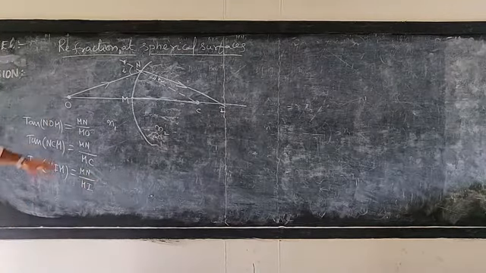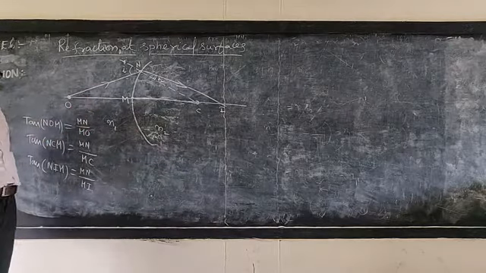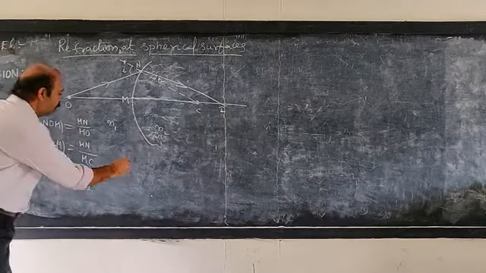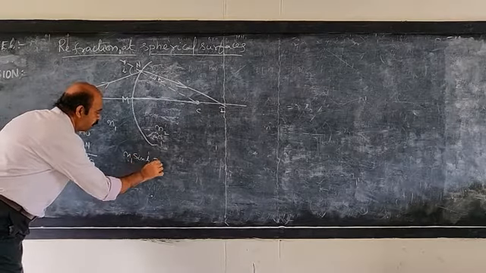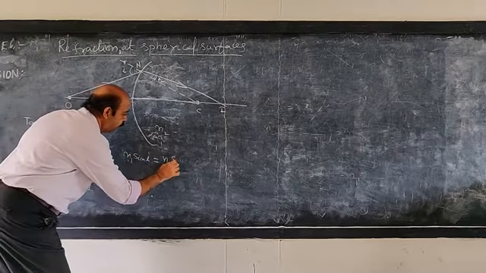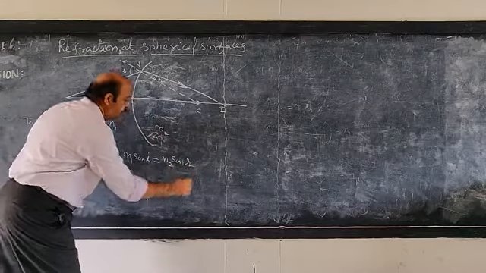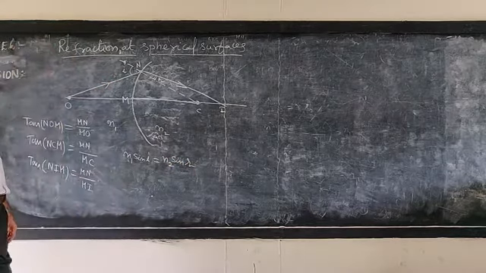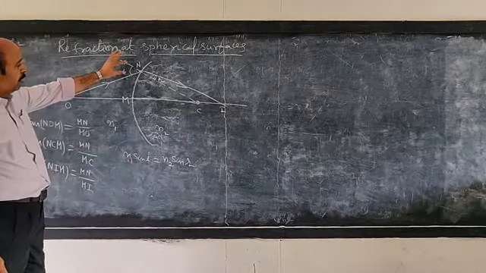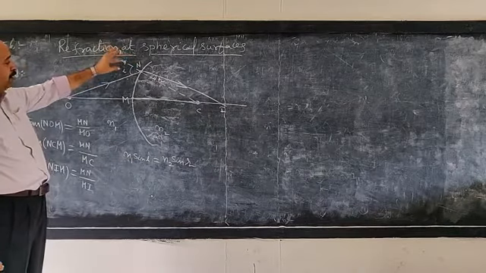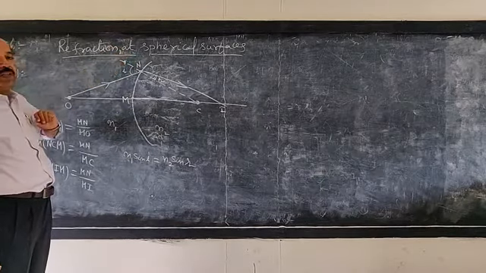Now, let us apply Snell's law to this case, according to which N1 sin i is equal to N2 sin r. Here we take the approximation that the angles are very small.